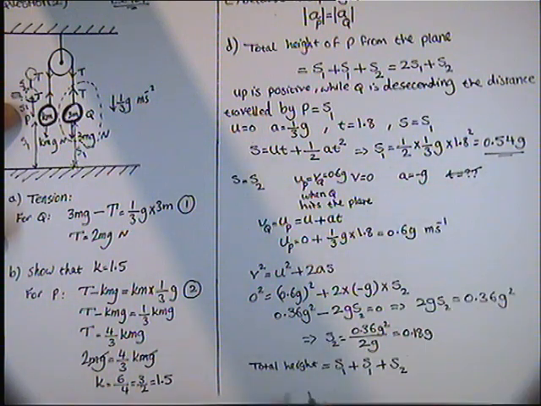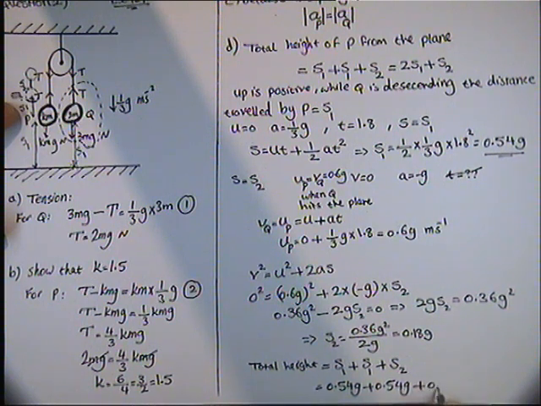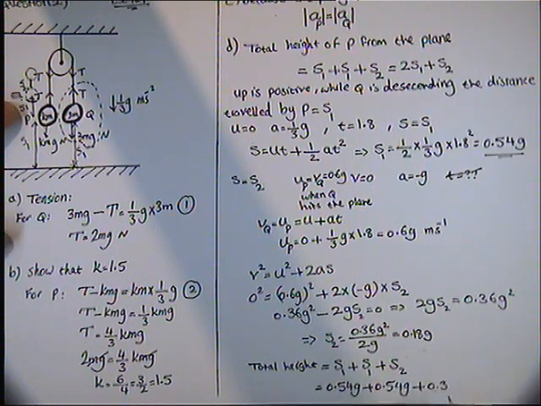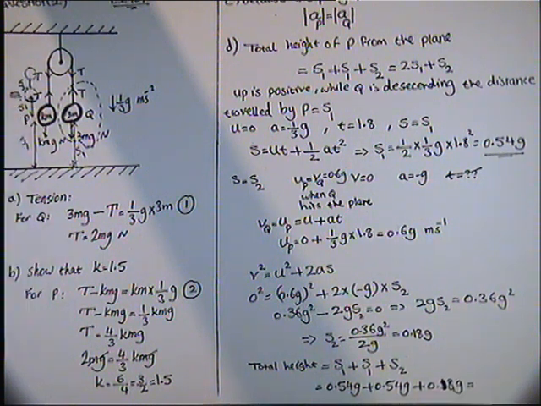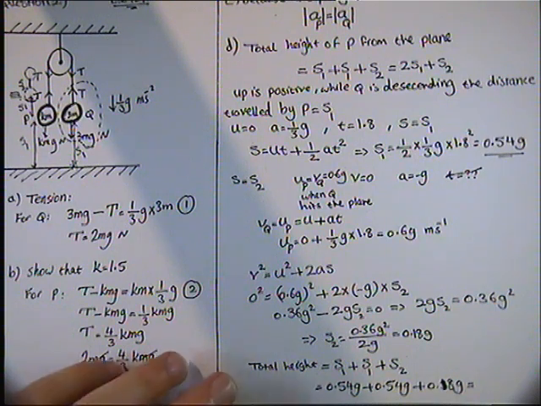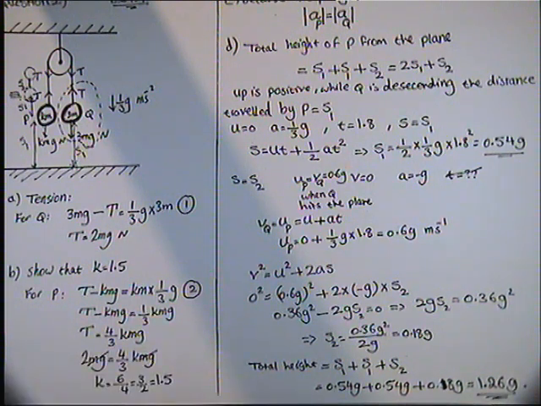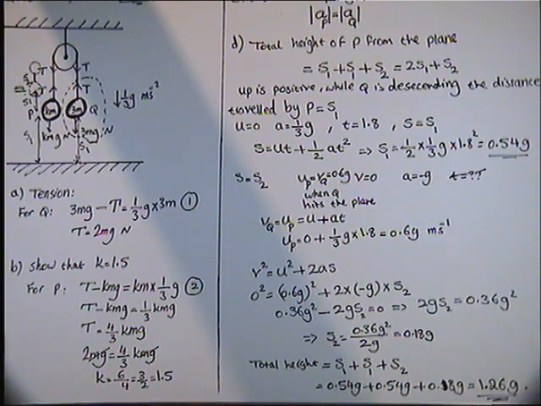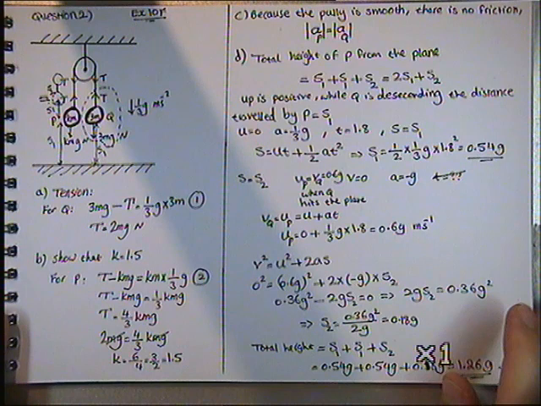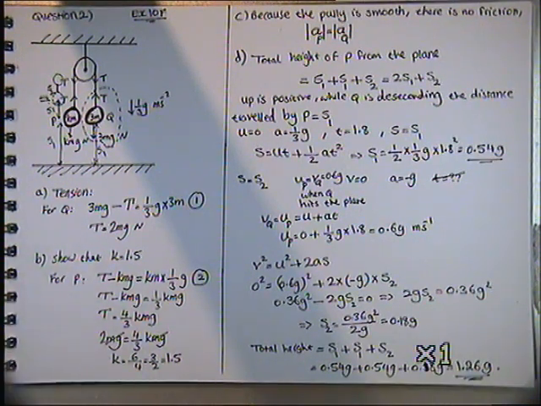We know S1 is 0.54 G, plus another 0.54 G, plus 0.18 G, which will add up to 1.26 G. Okay, end of question 2, and in the next video hopefully we'll go through question 5.